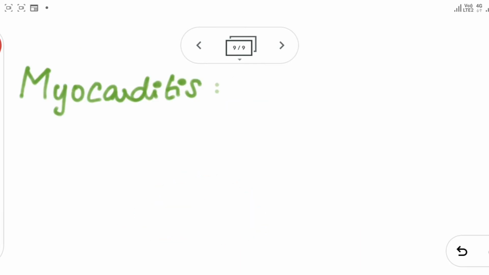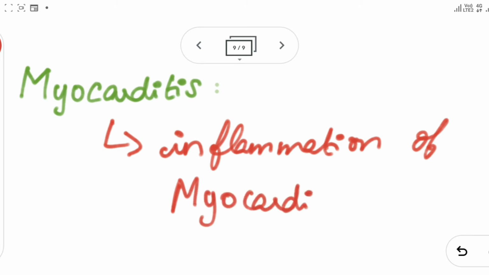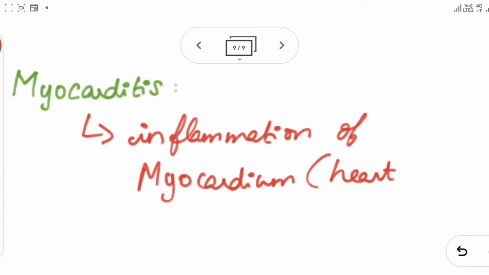The second one is myocarditis. Myocarditis is the inflammation of myocardium, which is the heart muscle.